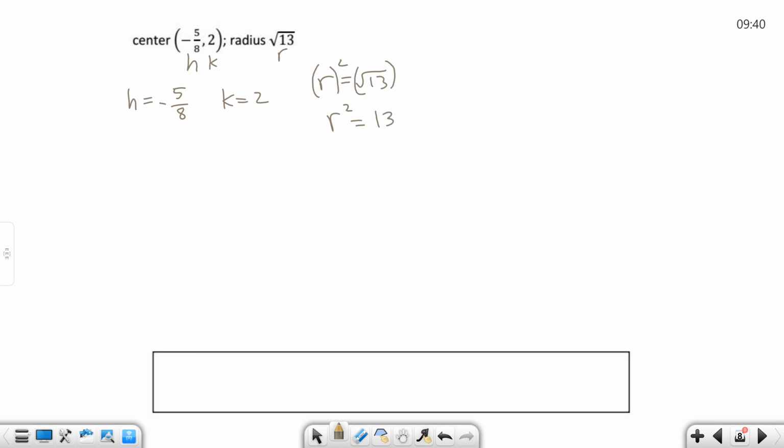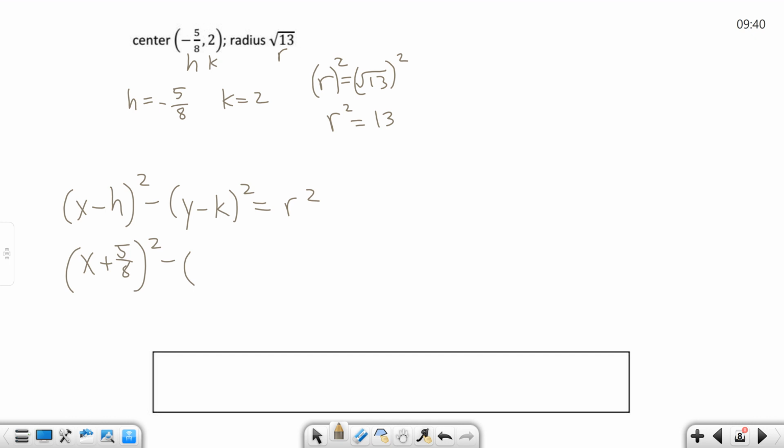I take this and square it, and I get 13, right? So x minus h squared plus y minus k squared equals r squared. So x plus 5/8 squared minus, not minus, did I leave that off? I may have just messed that up. That's supposed to be a plus sign. Okay?